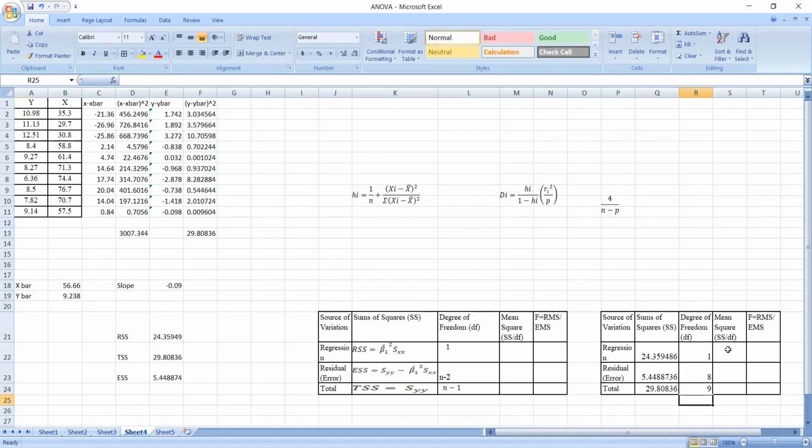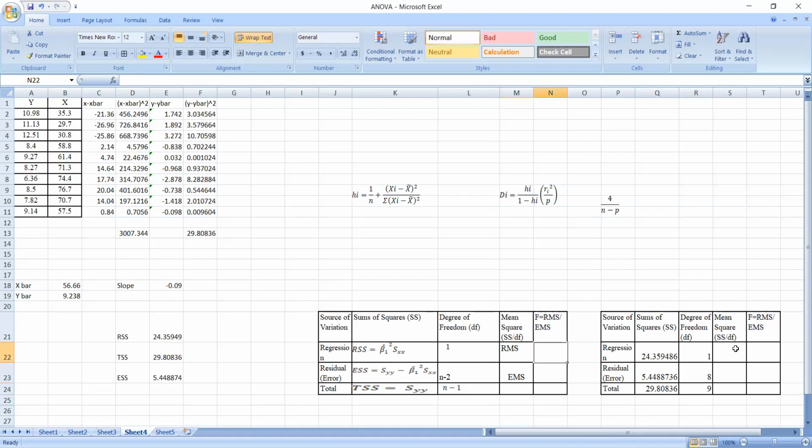And now we can calculate the mean square values. First, we can calculate the mean square regression, the MSR value, and then we can calculate the error mean square value.